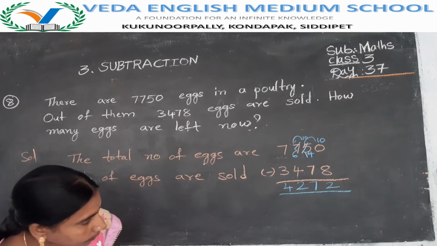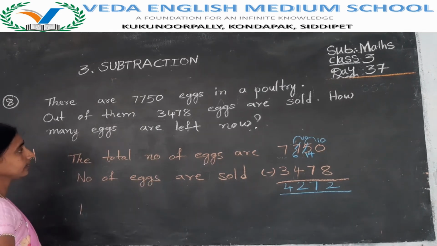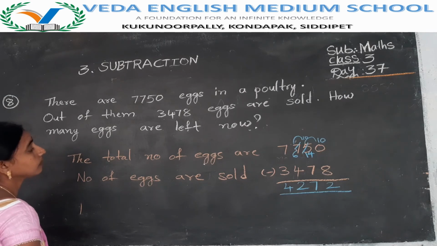4,272. So how many eggs are there? Remaining, how many eggs are there? 4,272.